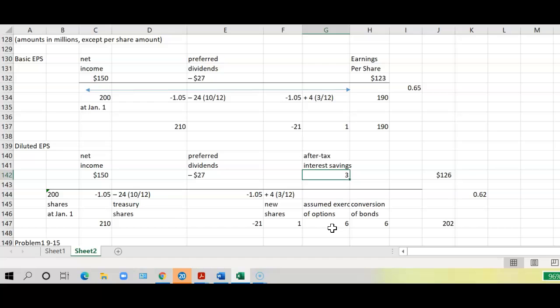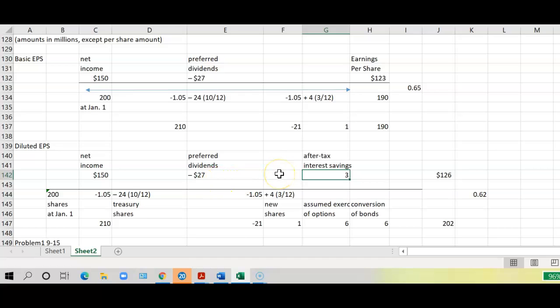Now, I also brought to your attention in reading the problem, there are 50 million of 8% bonds outstanding that have a conversion into 6 million common shares option. So there are potential shares that can be outstanding, which we use for diluted earnings per share. But we have to make an adjustment to the net income. The adjustment would be the 150 million in net income less the 27 million in preferred dividends.